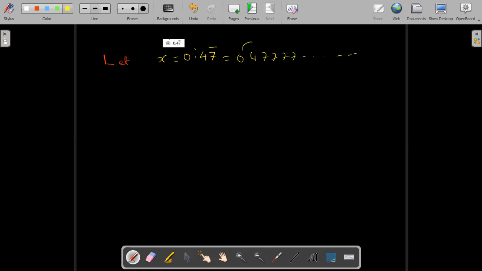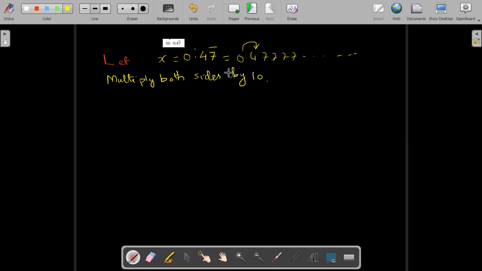But we need to bring the decimal to this point. That will be our starting equation always. So first we will multiply both sides by 10, and that will be our first equation.